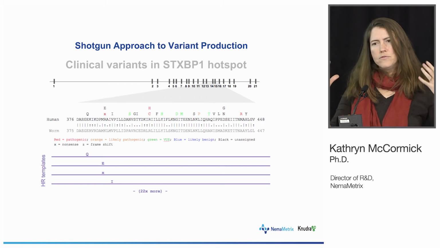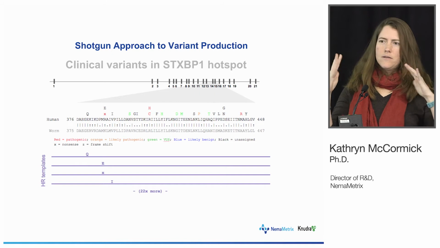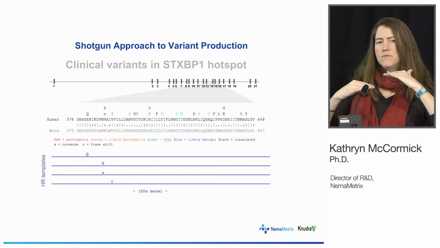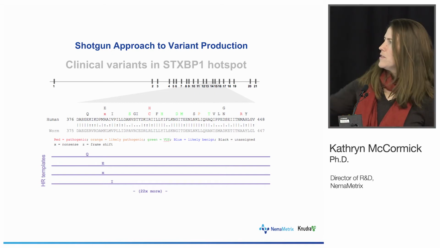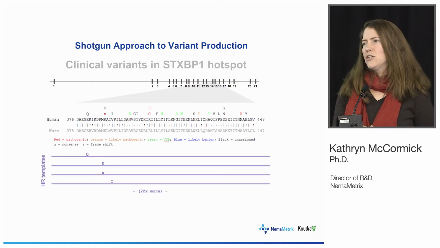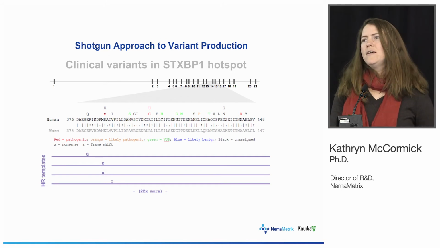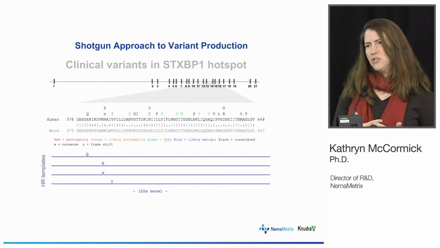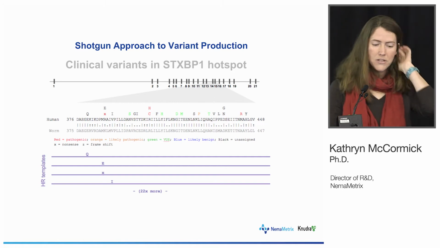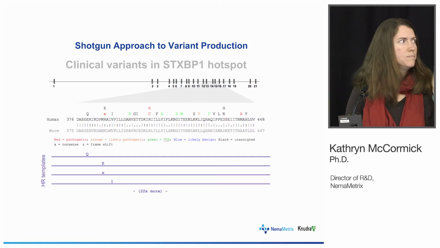And so we have the same guides. We'll put the guides on either side of the hotspot, cut there, and then the recombination can occur with any one of the HR templates that we put in our mix. So then from a single injection, you could get 20 or 30 different types of mutants inside that same hotspot inside the gene. So it's a very efficient way to get a lot of different allelic information.